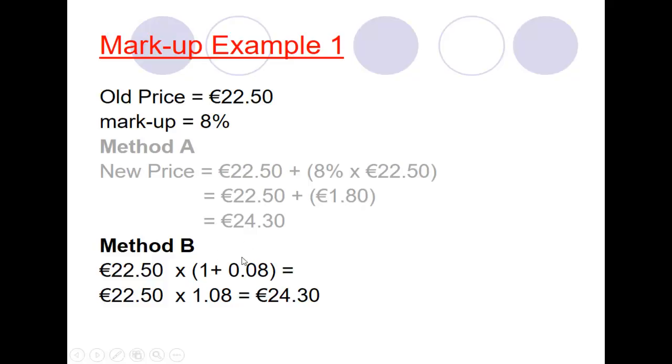Make sure you're getting those conversions from percentages to decimals correctly. So it's 22.50 multiplied by 100% plus the markup percent. That's 100%, which is the 1, plus the markup percent, which is 8%, 0.08. On your calculator, 22.50 multiplied by 1.08, and you get 24.30.